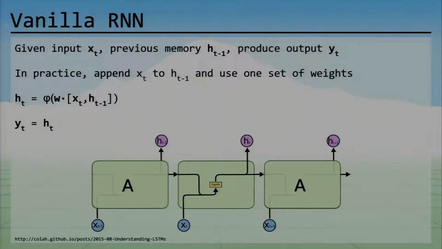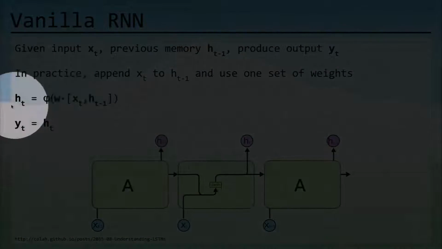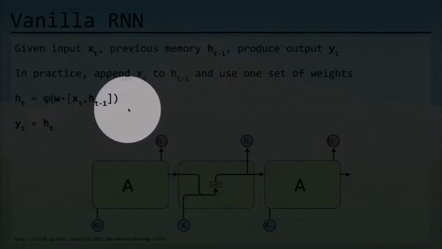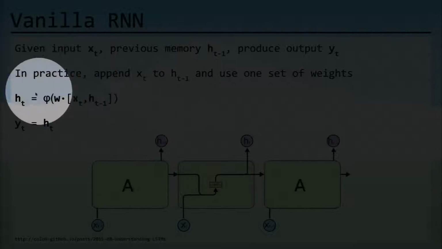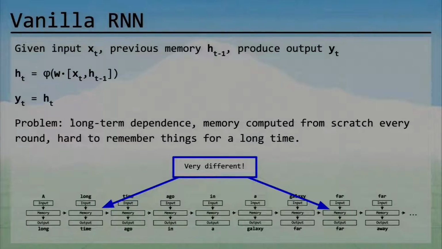Now, there's a problem with doing it this way, and the problem stems from the fact that our internal state at time t depends on our previous internal state, but it's also this big operation that we're doing. At every time step, we're recomputing our internal state, or our memory, totally from scratch.